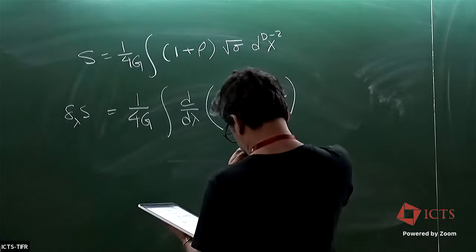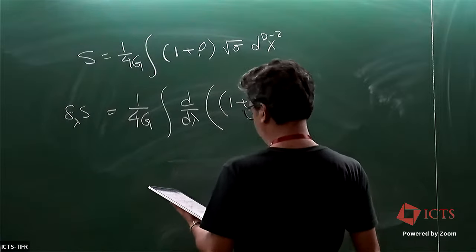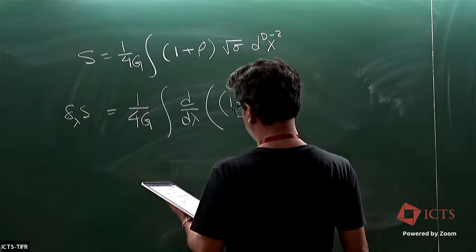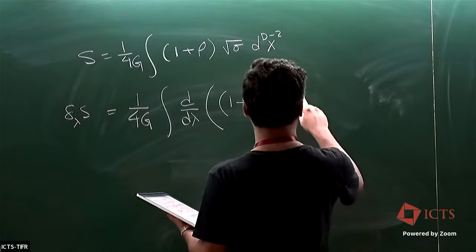Sorry, square root of sigma. Then what should I get? Tell me. d/d lambda of root sigma, d^(d-2)x. Clear? Okay. That's the change.